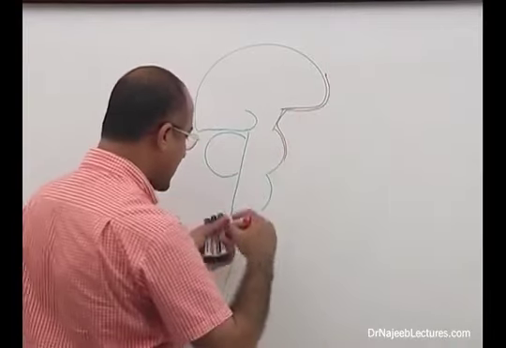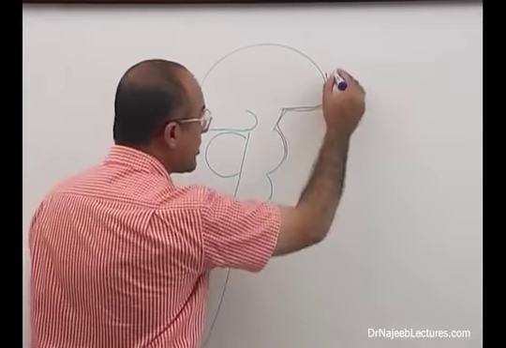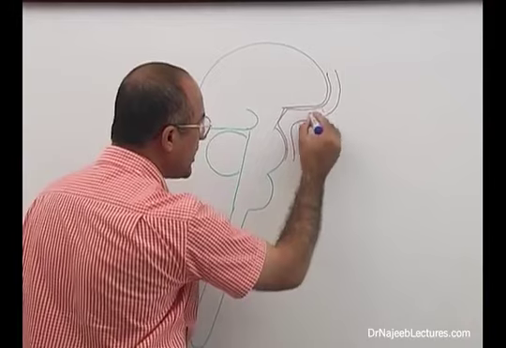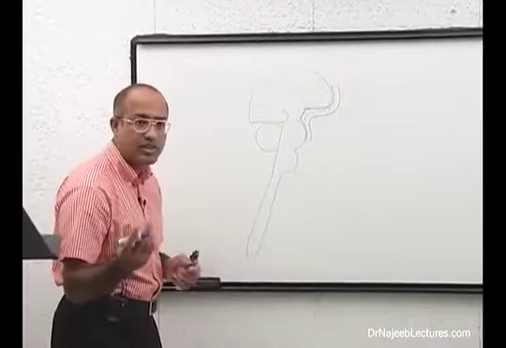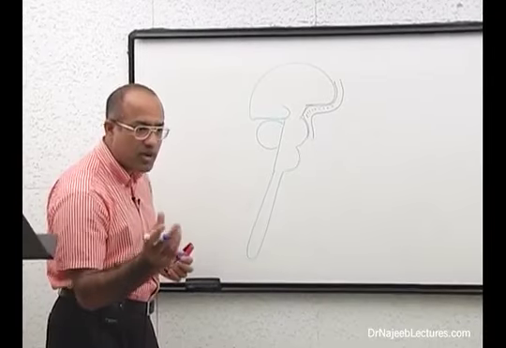And what is the outer area? Arachnoid. And in between, what is filled here? CSF. Now, there are some areas in which the CSF cavity becomes very large.